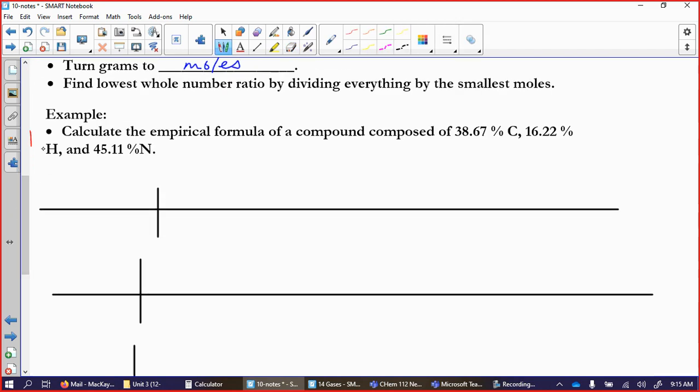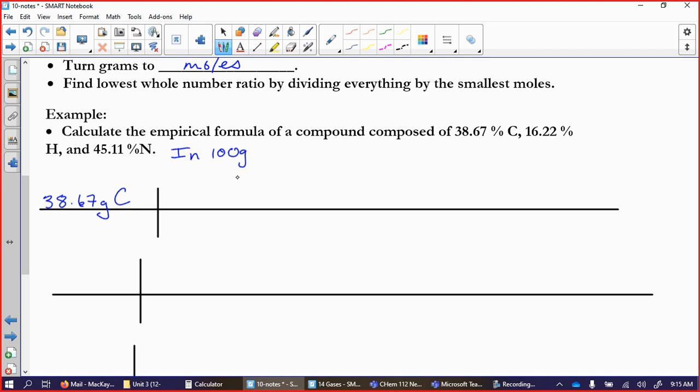A fairly straightforward one. Calculate the empirical formula of a compound that has 38.67% carbon, 16% hydrogen, 45% nitrogen. So we say in 100 grams, if 38.67% is carbon, we are going to have 38.67 grams of carbon.